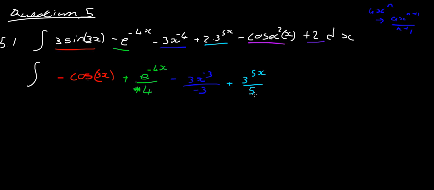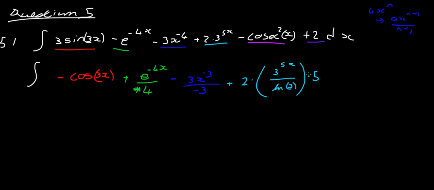So in this case, we've got 2 times the integral of a to the x, so 3 to the 5x over ln of 3, and we need to multiply by 5 because we've got this 5 here. Once again, you'll have to do this one by substitution until you get comfortable with integrals. And you will have done this by substitution and gotten the same answer.